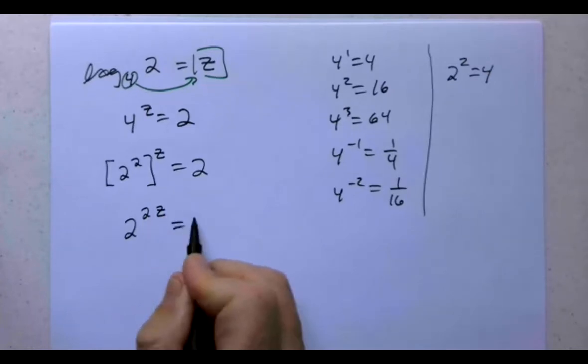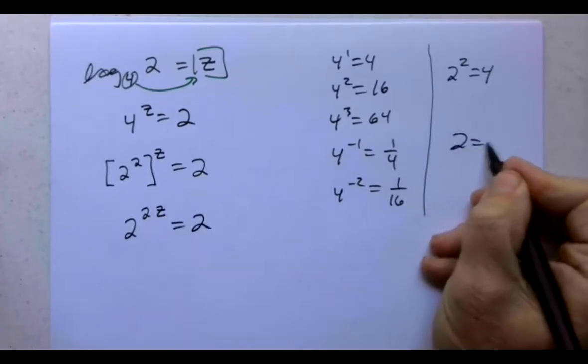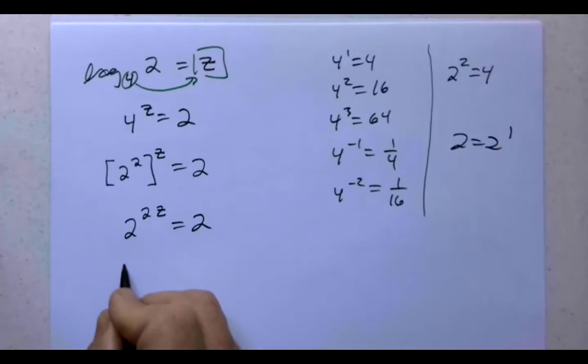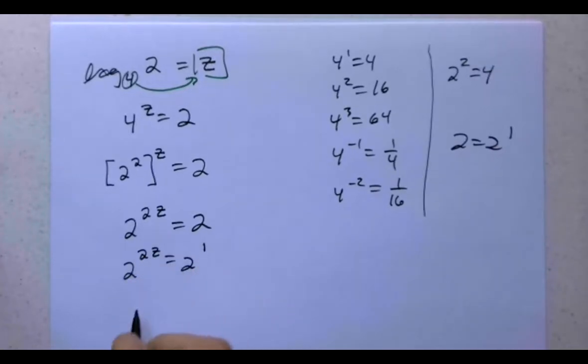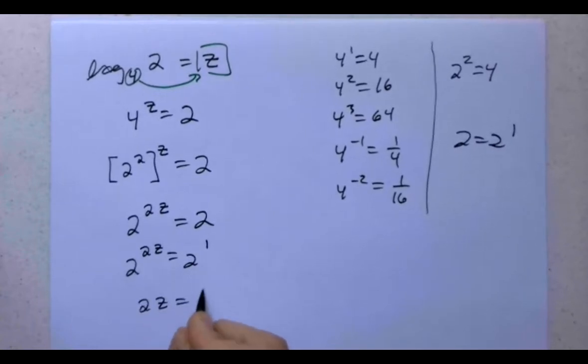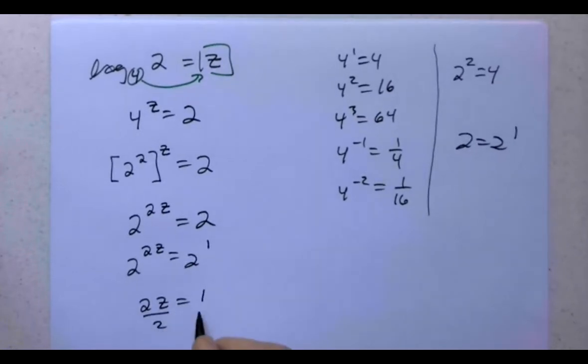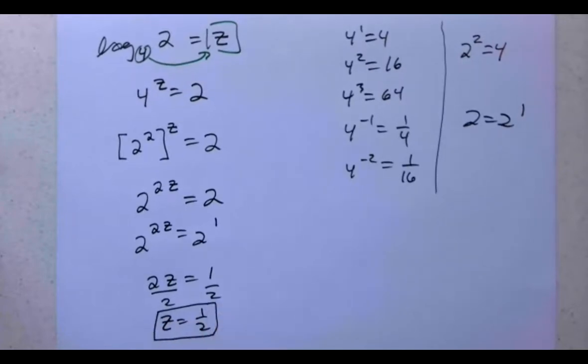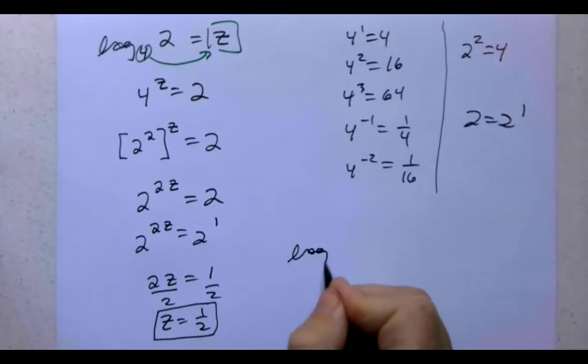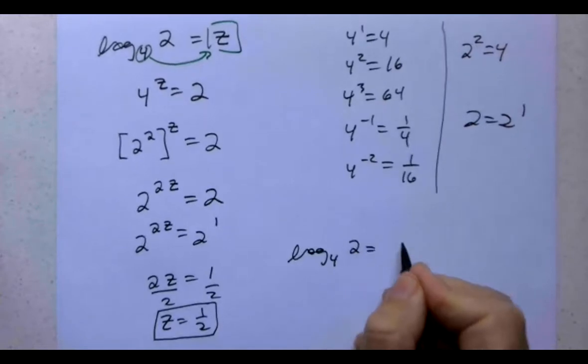So 2 to the 2z equals 2, but 2 equals 2 to the first. Now I can say 2 to the 2z equals 2 to the first. 2z equals 1. Divide by 2, z equals 1/2. So our conclusion then is log base 4 of 2 equals 1/2.